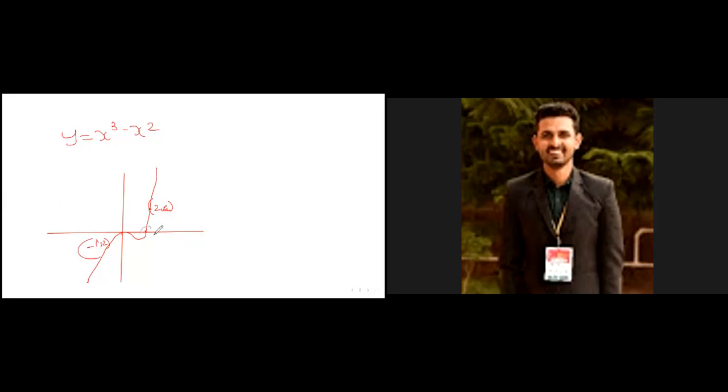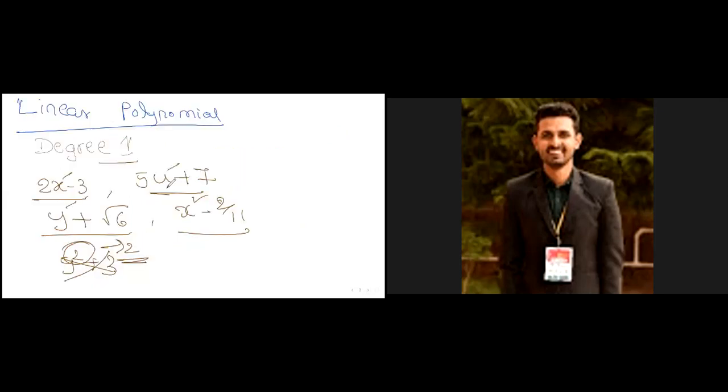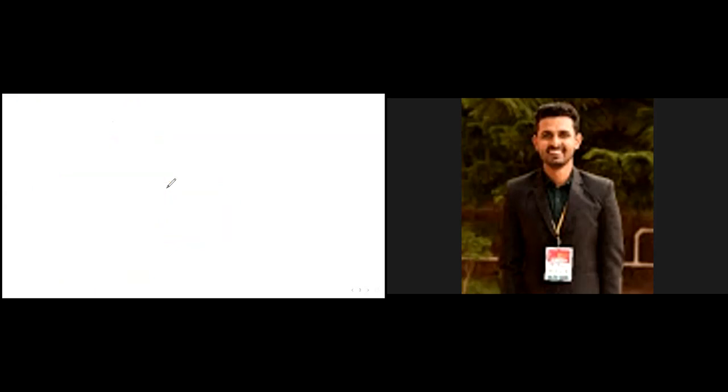That is, one is here, one more is here. So the number of zeros will be two. So I hope this is clear for everyone.